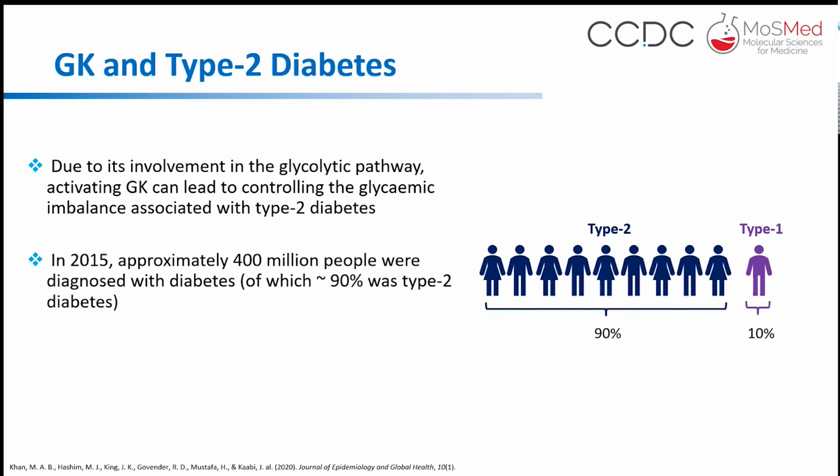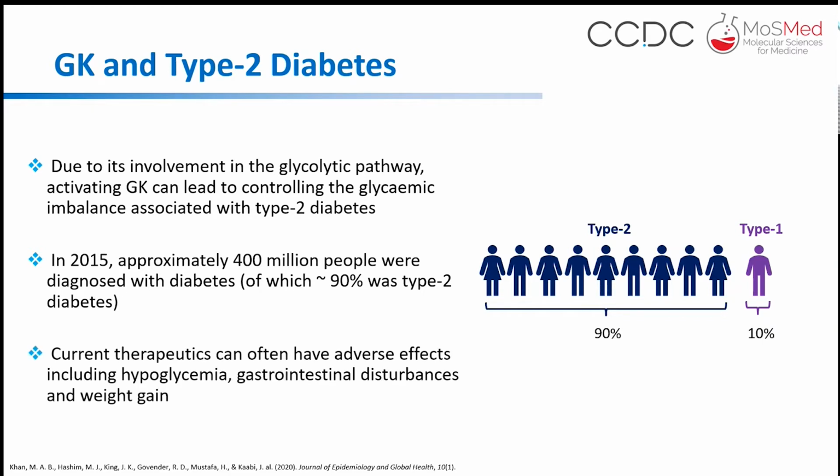In 2015, approximately 400 million people were diagnosed with diabetes, of which 90% was type 2 diabetes, and this number is still rising. We do have current therapeutics, obviously, but these can often have adverse effects, including hypoglycemia, gastrointestinal disturbances, and also weight gain, which is obviously something that we don't want.